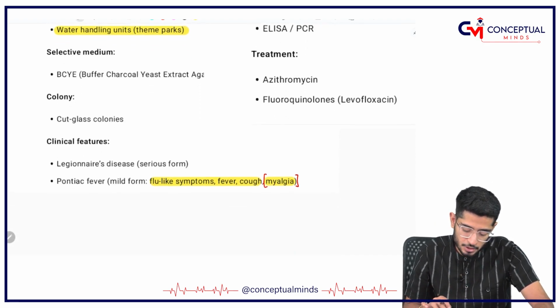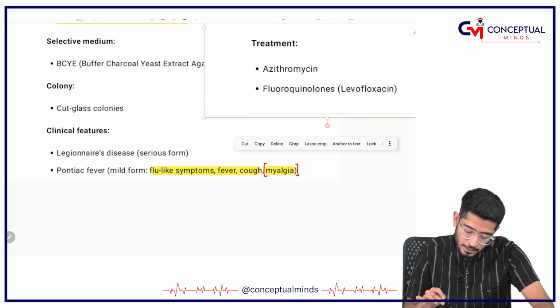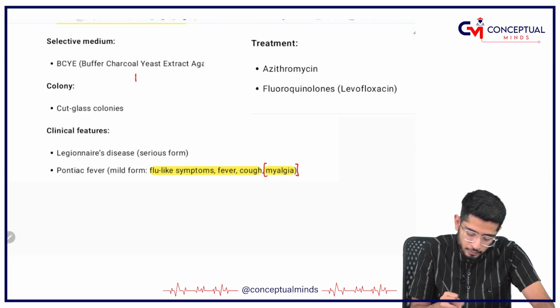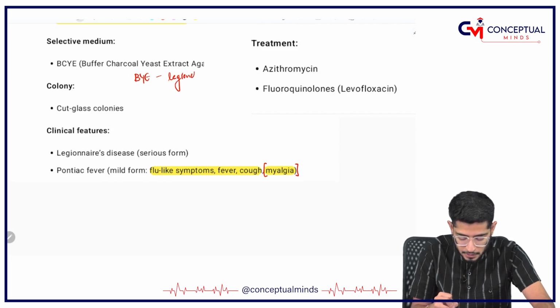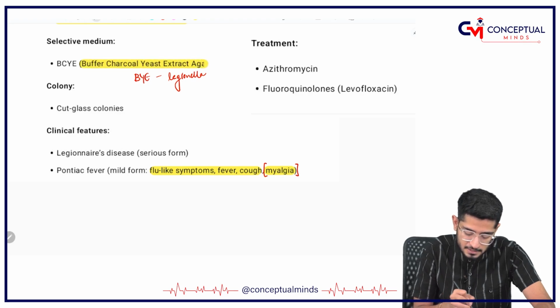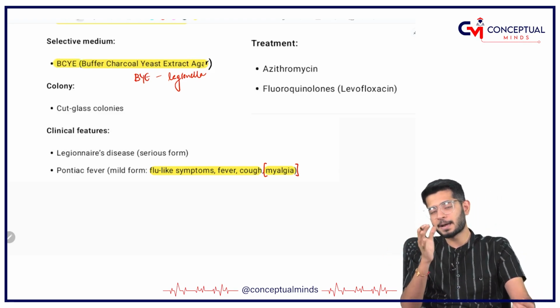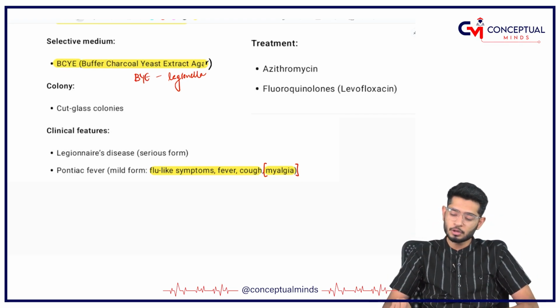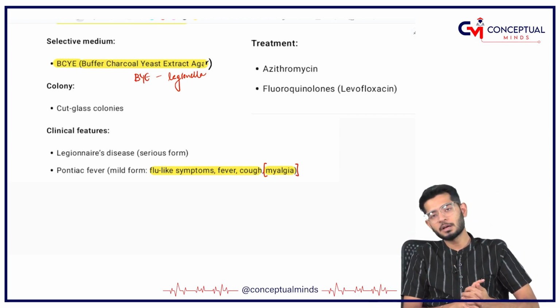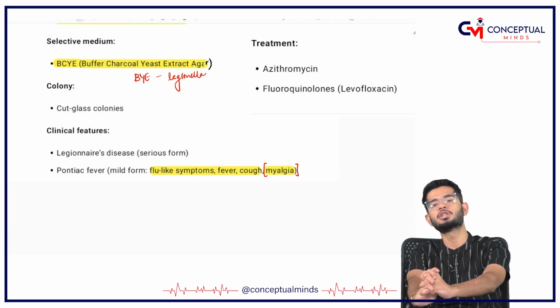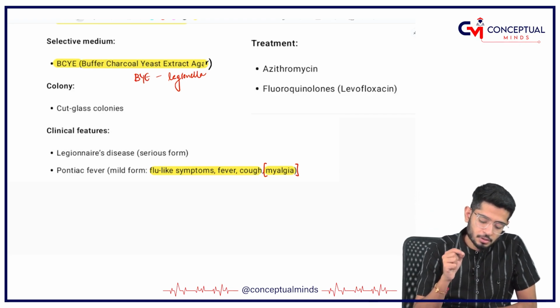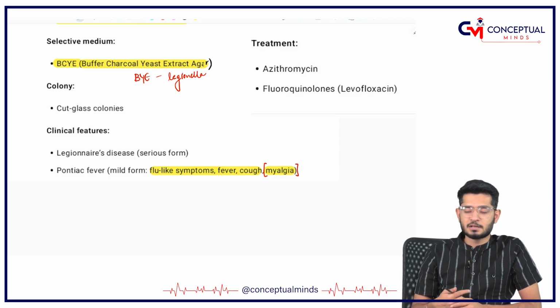Okay, Legionella, you have to say bye to Legionella. BYE means buffered charcoal yeast extract agar, which is used to grow the Legionella. So tell Legionella bye and it will come to you. Legionella grows in the charcoal yeast agar.